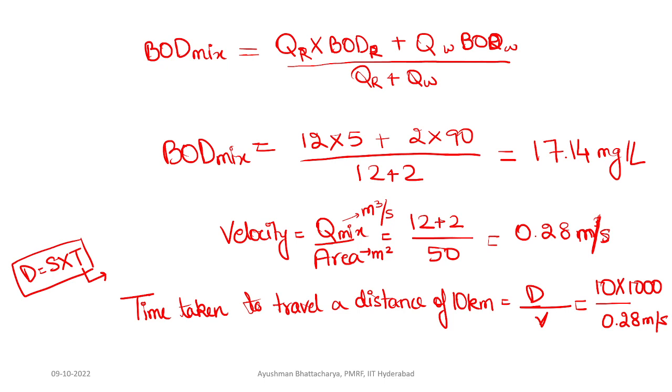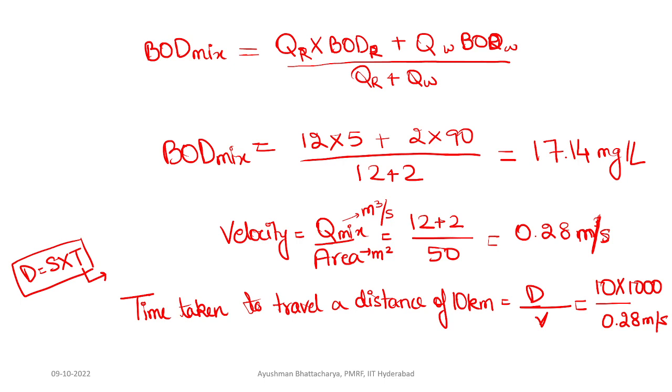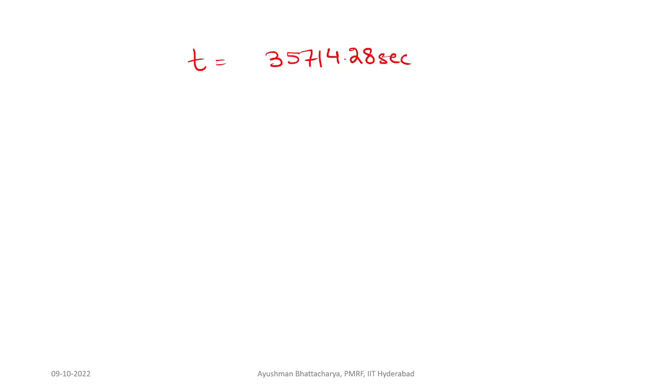So the time will come out to be 35714.28 seconds. Seconds, because this is based on the unit meter per second. If we convert it into days, it comes out to be 0.41 days.